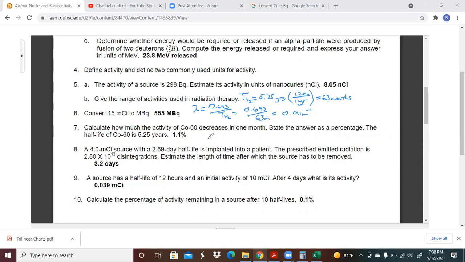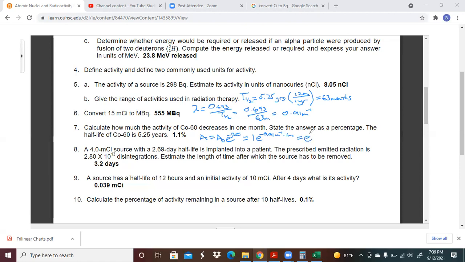Now we can take this and I can give you an example as to what to do here. We've got the activity in the following month, whatever that happens to be, is the activity in the original month times e raised to the minus lambda t. Now, as it turns out, I'm going to say the month before has an activity of 1, and we don't know what this activity is, but we know that 1 month has passed, and we also know what the decay constant is.